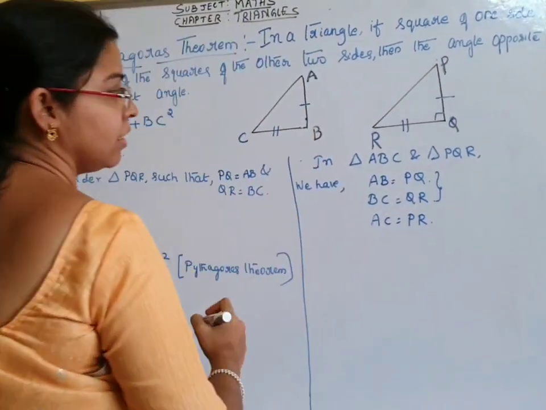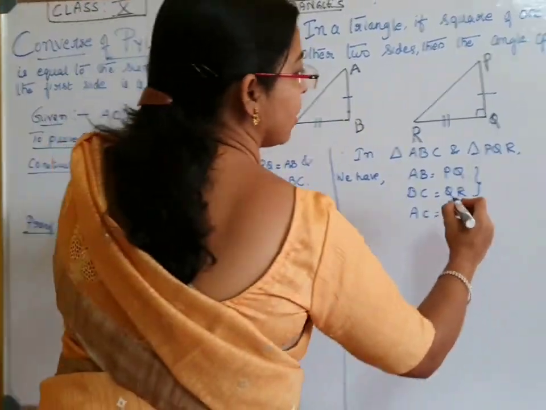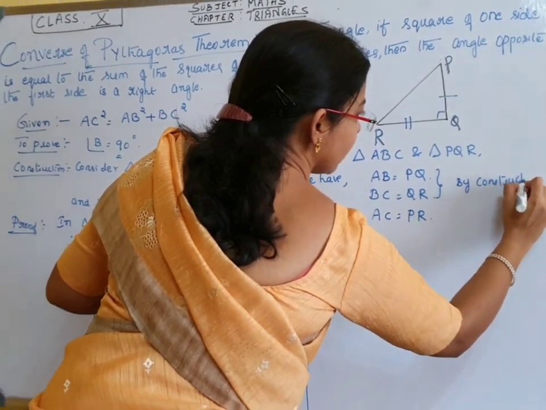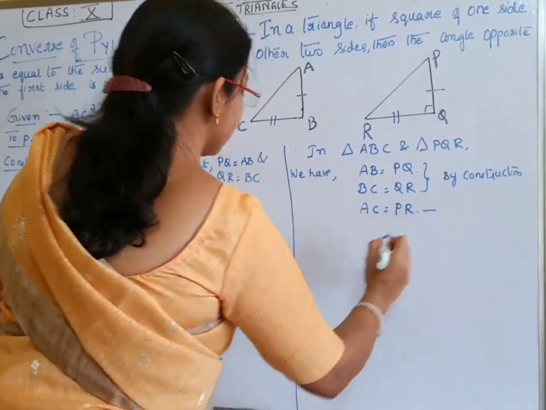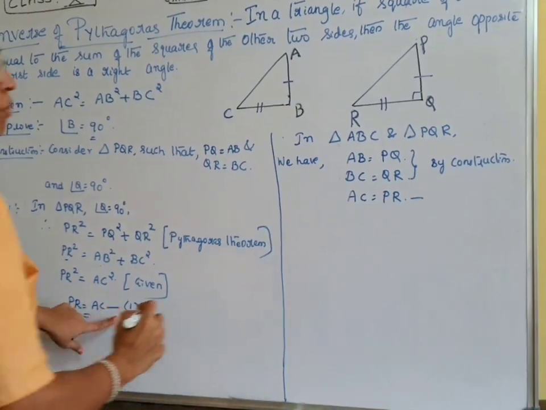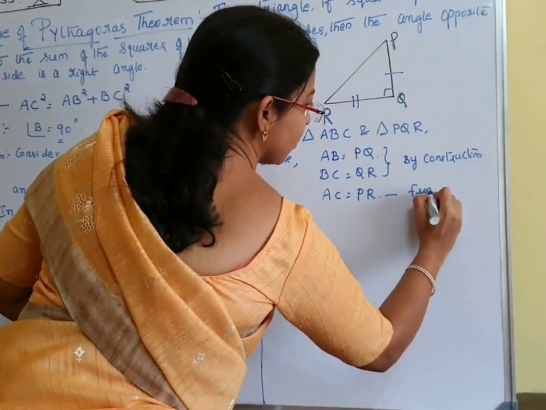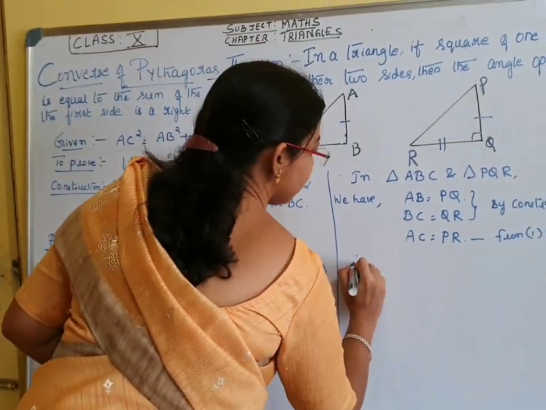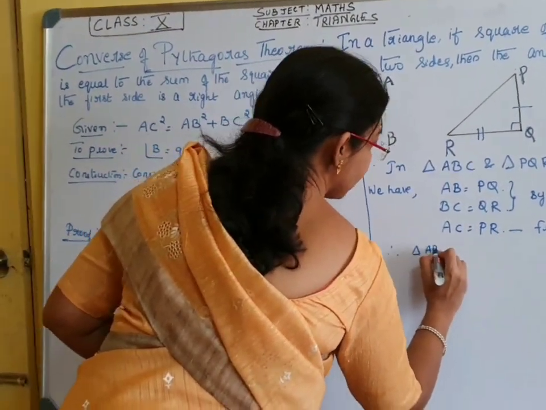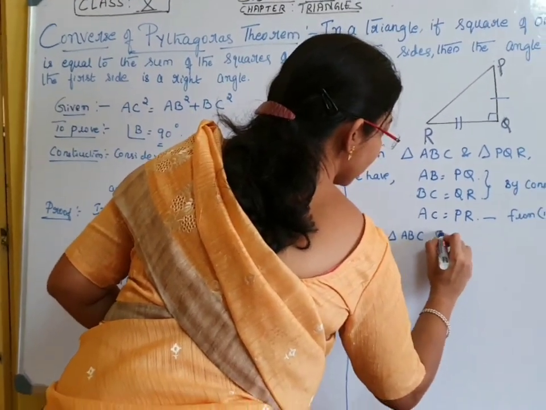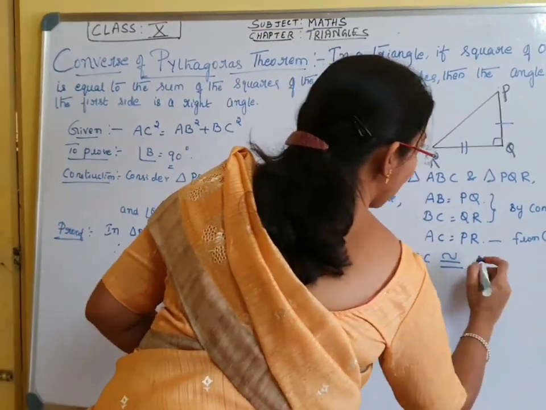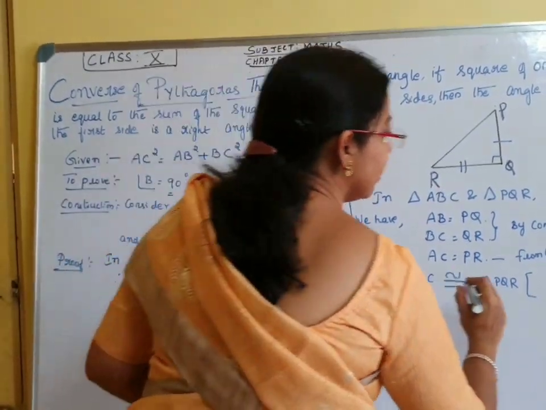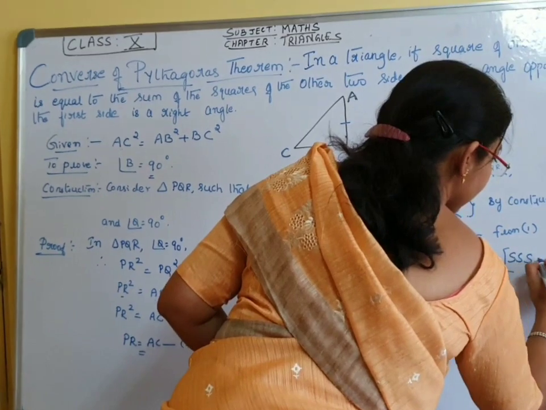These two are done because of the construction, and this is by equation 1, which is proven. Now all these three sides are equal. Therefore, triangle ABC is, what symbol is this? Congruent to triangle PQR. Which criterion? SSS criterion.